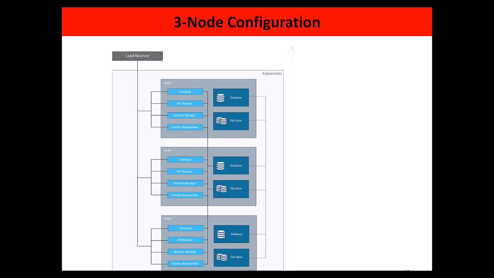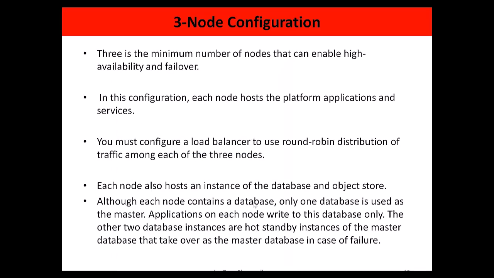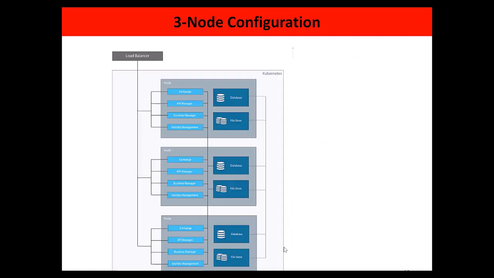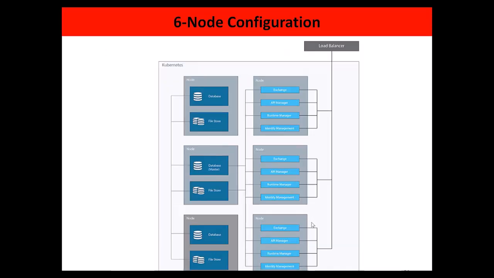On every node, although each node contains a database, only one database is used as the master. Applications on each node write to this database only, and the other 2 database instances are hot standbys so that they will take over once the master fails. So this is a 3-node configuration, but there is also a 6-node configuration where the platform services run on separate nodes, and our application instances, databases and file stores run on other nodes.